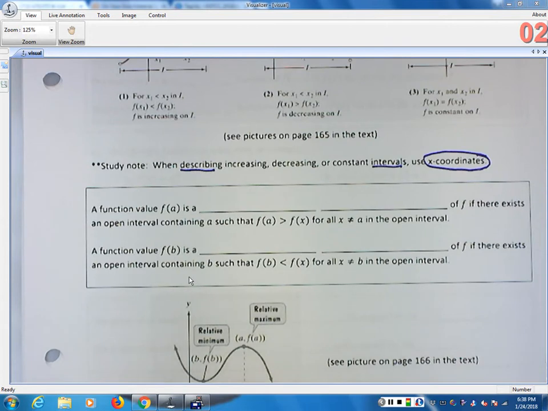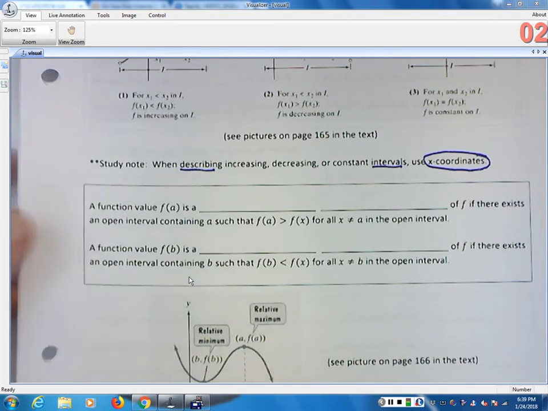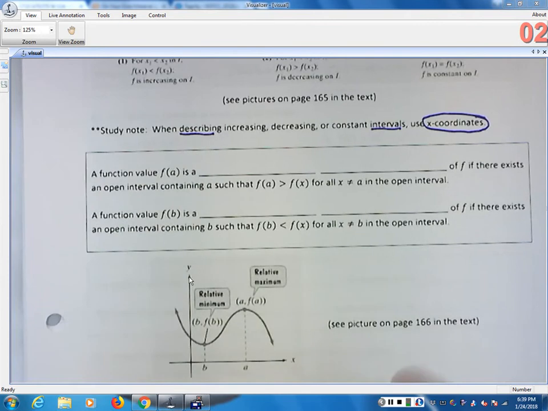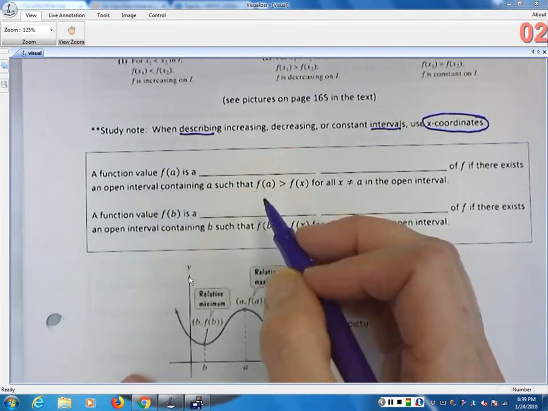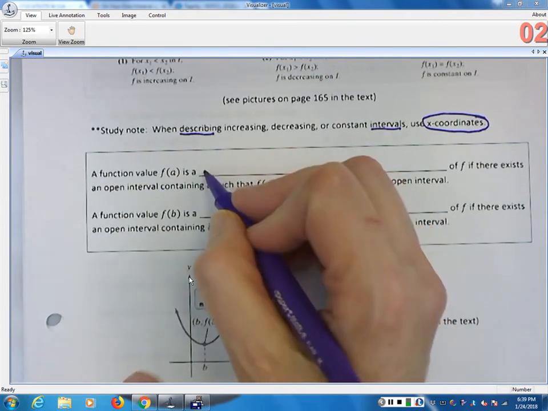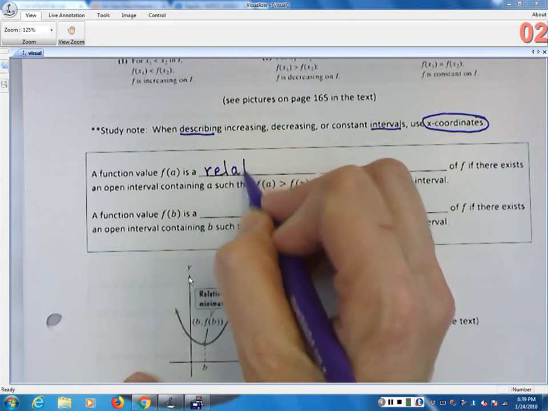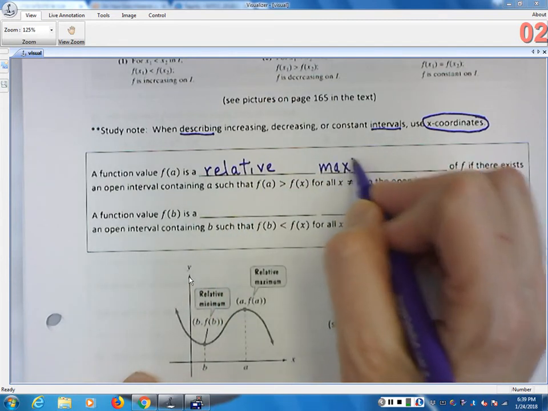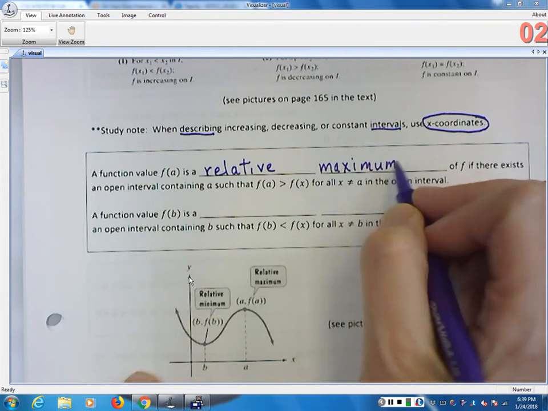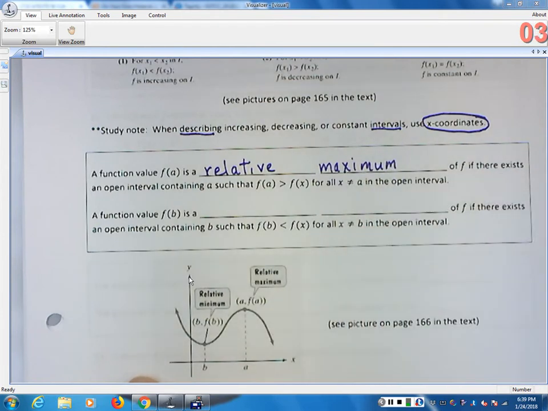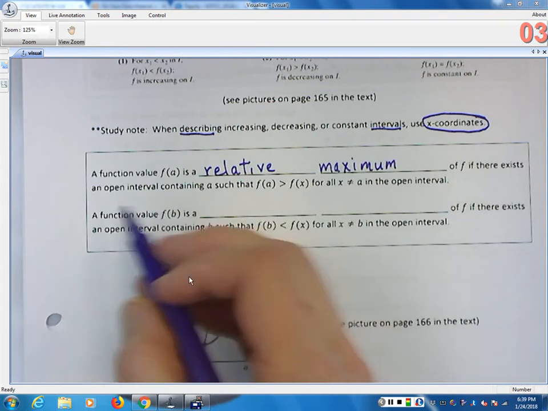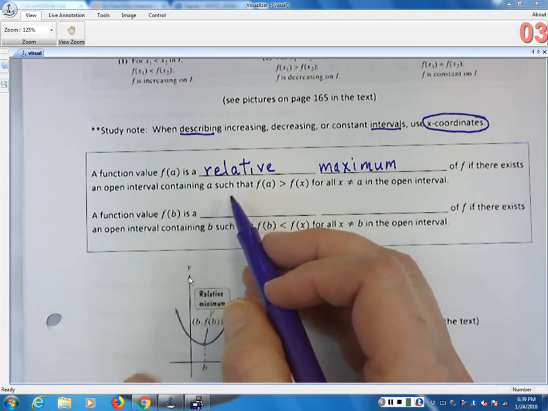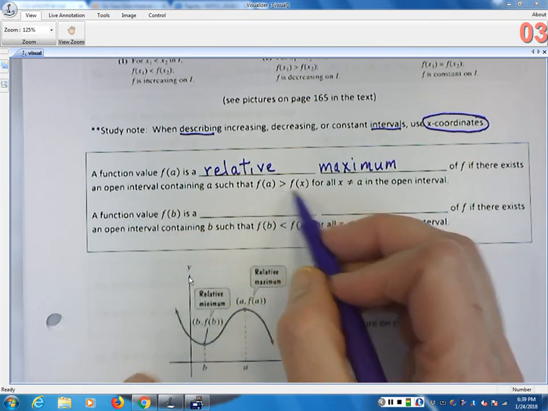Now we need to talk about the definition of a relative maximum and a relative minimum. A function value f of a is a relative maximum of f if there exists an open interval containing a such that f of a is greater than f of x.